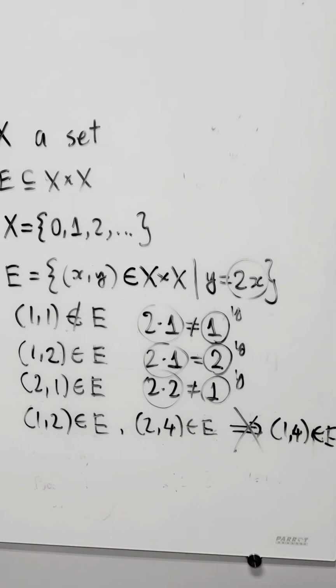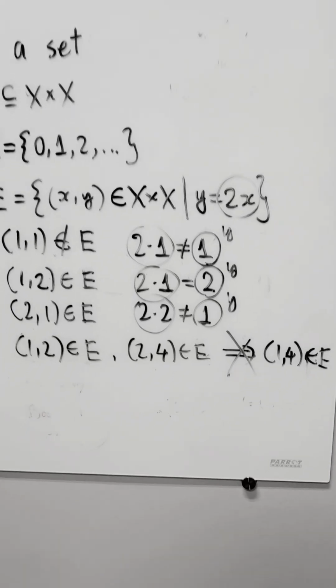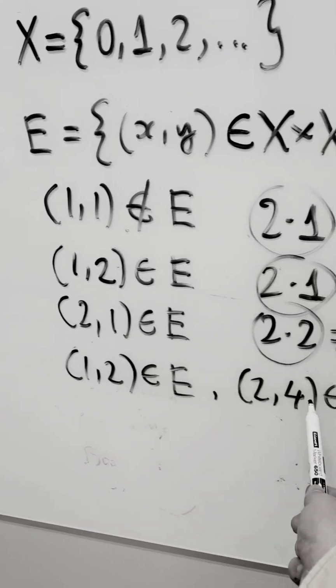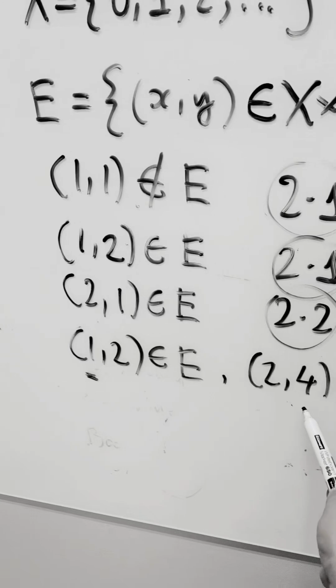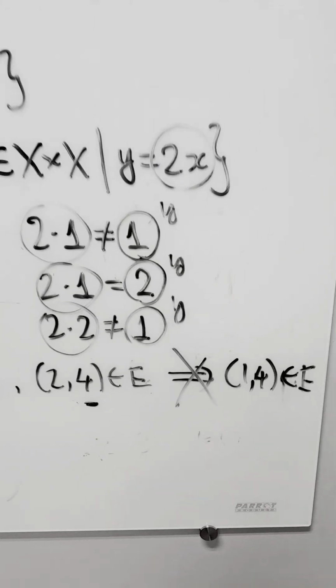If transitivity were to be satisfied, 1, 2 and 2, 4 being there should result in 1, 4 being in E as well.